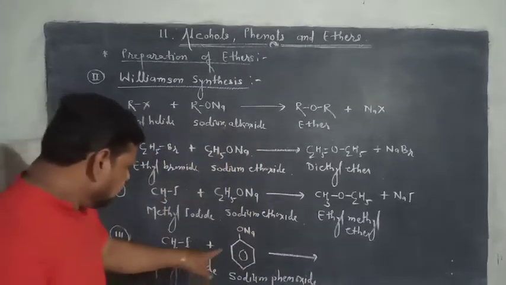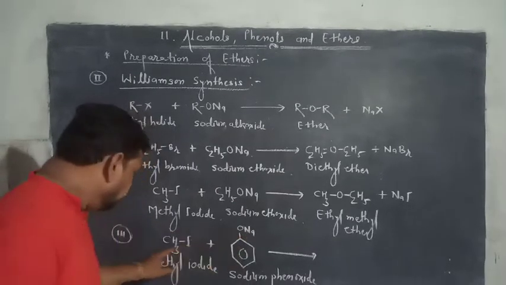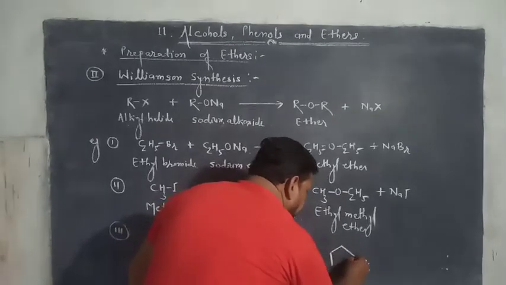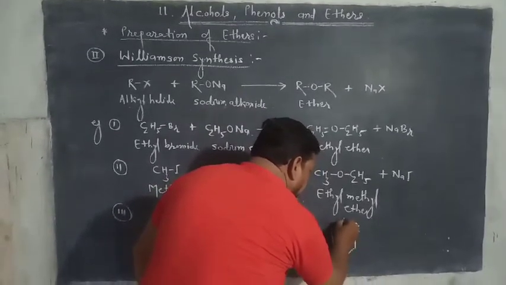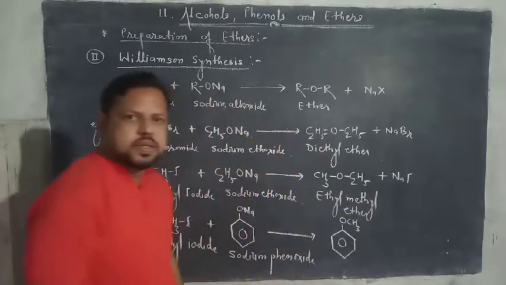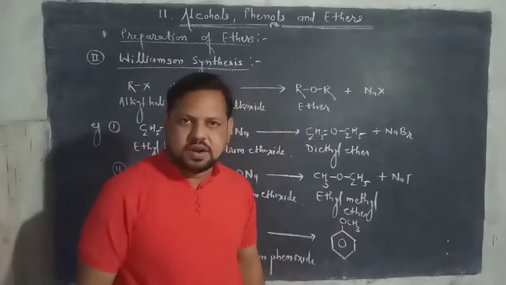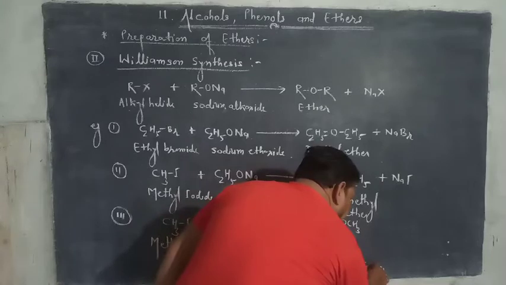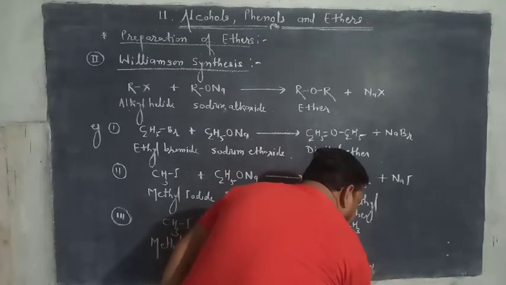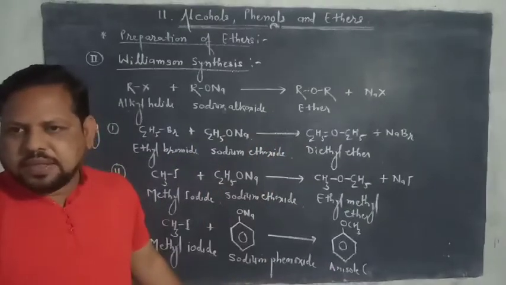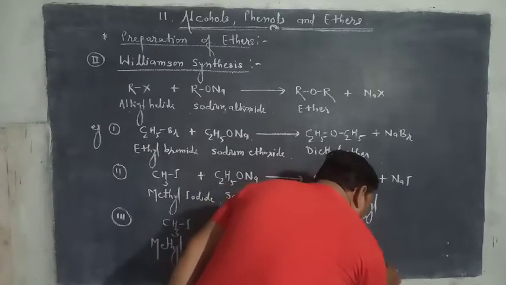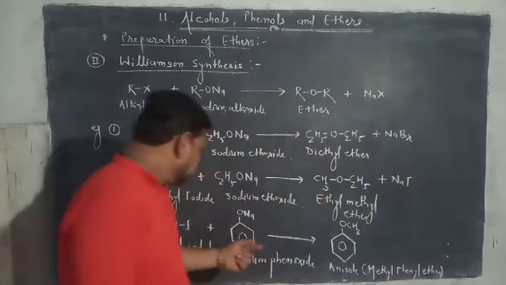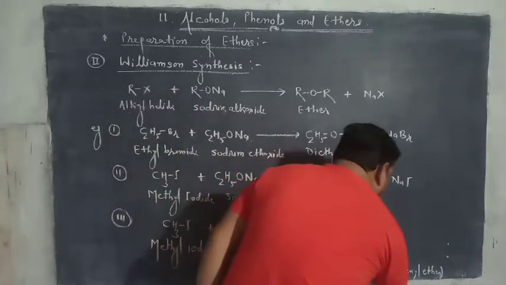Then, see here, the sodium is replaced by the methyl group, and it gives phenyl methyl ether OCH3, which is also called anisole, or methyl phenyl ether, and the remaining portion is NaI, sodium iodide.